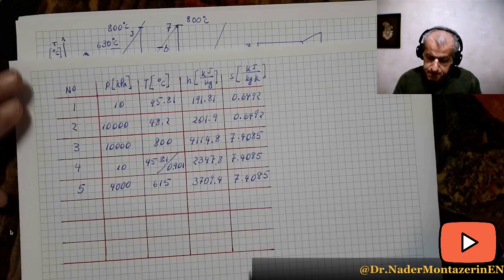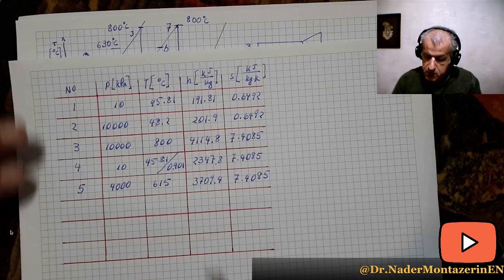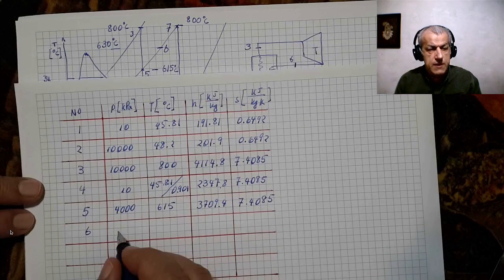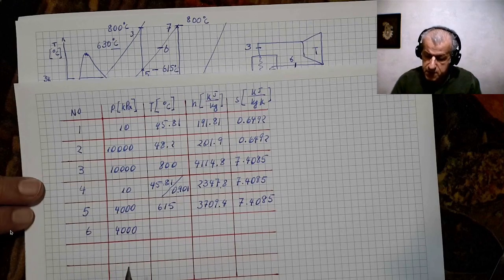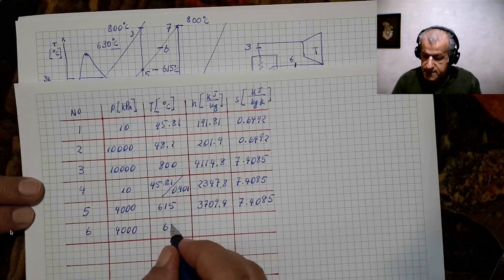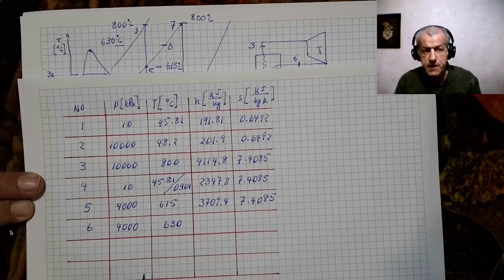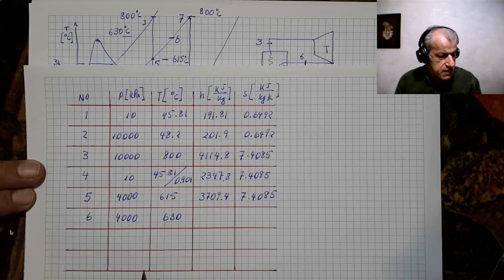Point 6 is on a 4,000 kilopascal line, so we know the pressure. We also know the temperature, which the problem tells us is 630. Going to superheat tables, we could easily read enthalpy and entropy.